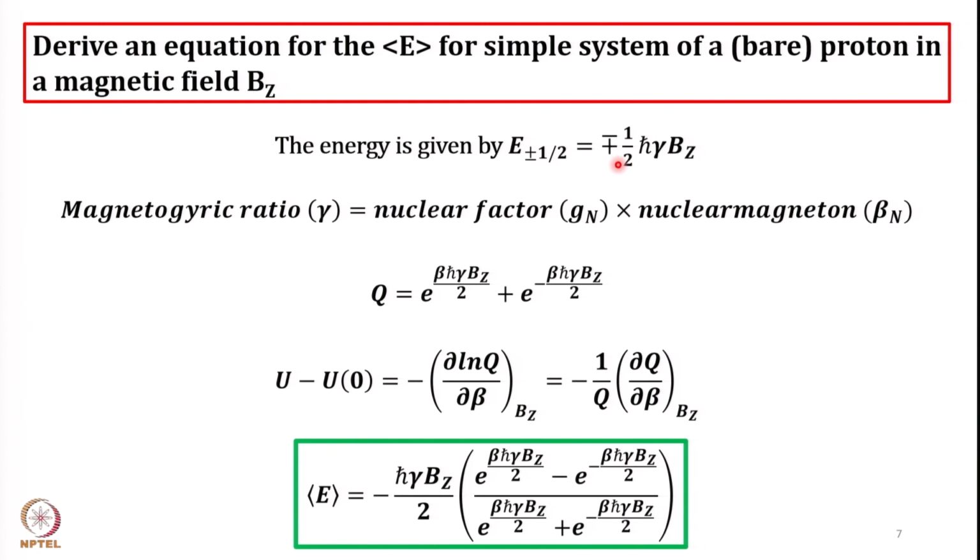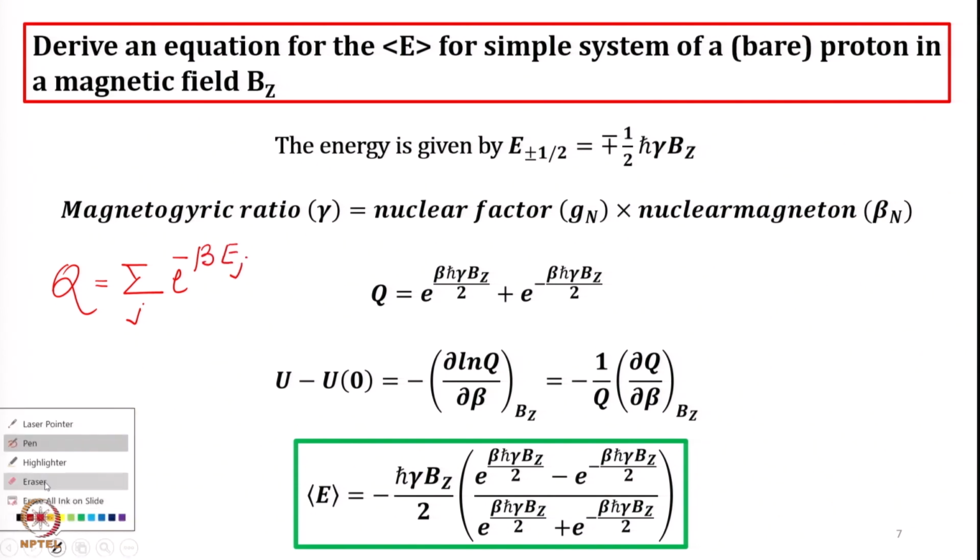Once you have these two different energy levels, then I can write Q, go back to your definition, Q is equal to summation over j of exponential minus beta Ej if the degeneracy is not there. So you expand this, and once you expand this, you include the energy corresponding to the plus term and the energy corresponding to the minus term.